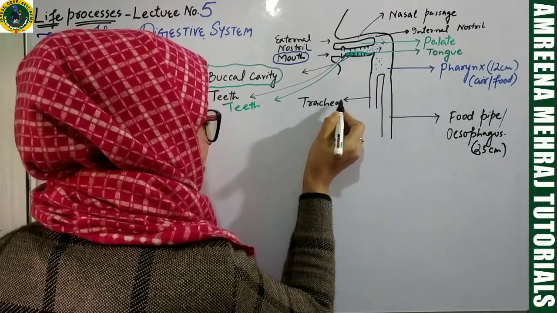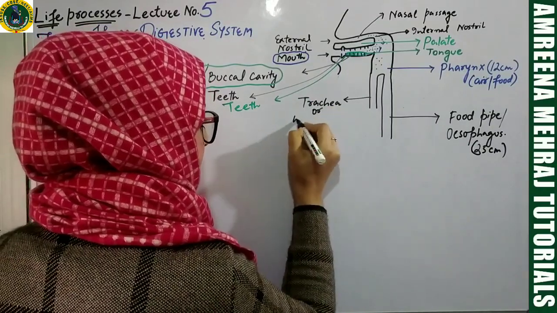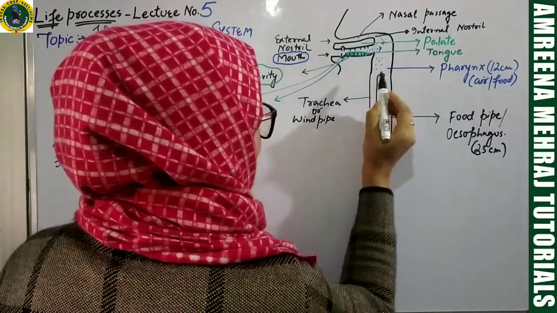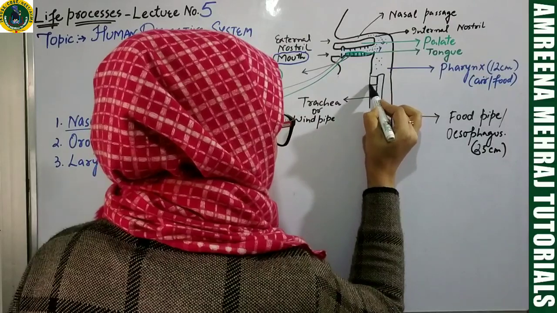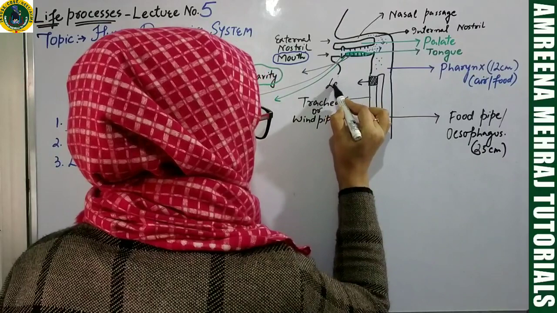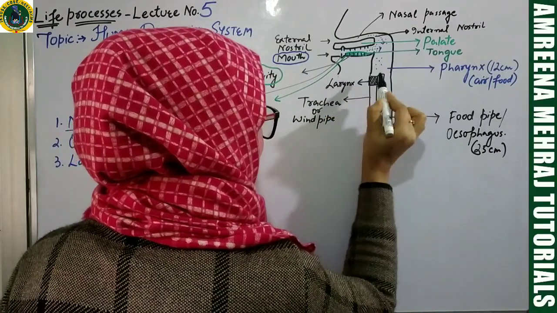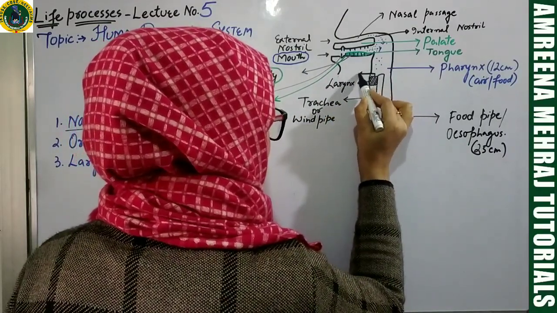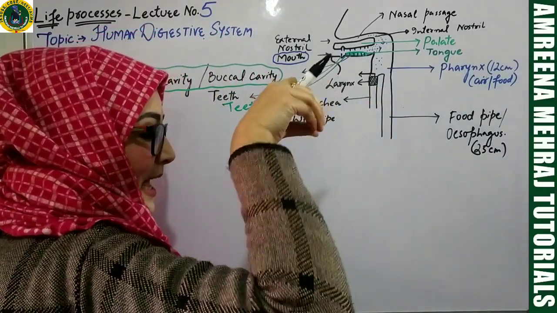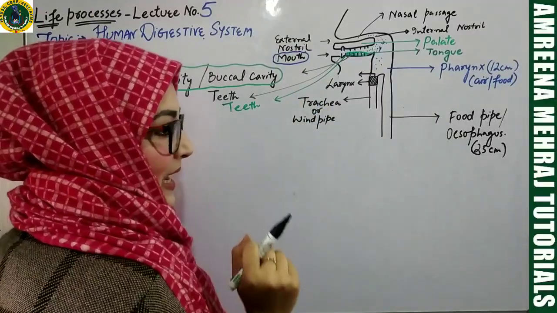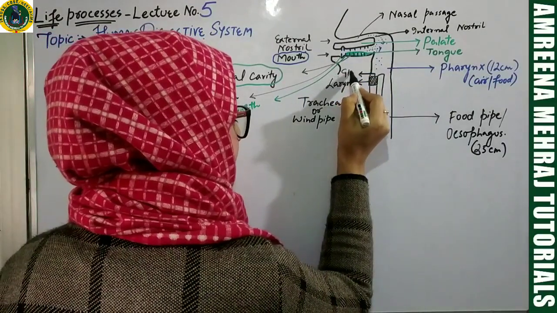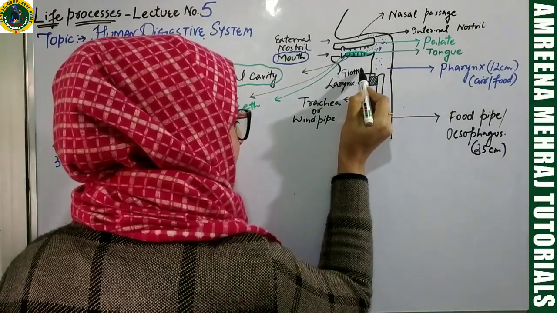This is the trachea, or what you call the windpipe, which is not our discussion for the time being. At the top of the windpipe is the voice box, which we call the larynx. The aperture at the top of the windpipe through which air enters is called the glottis.